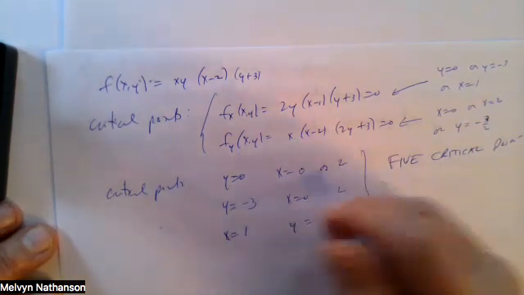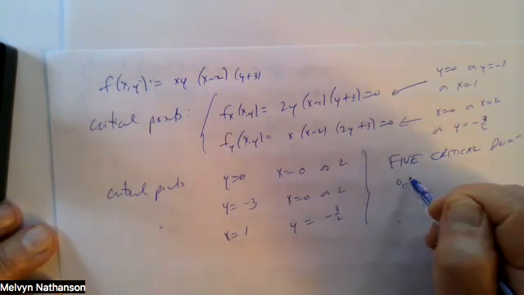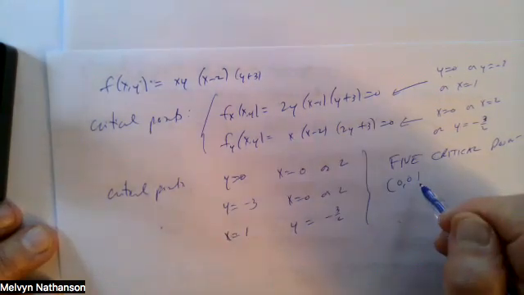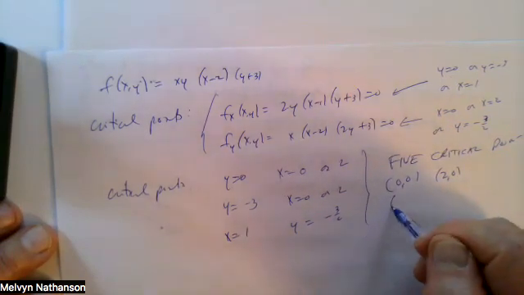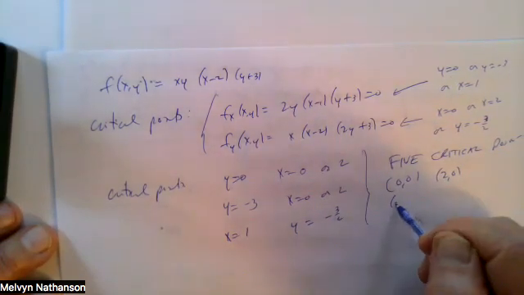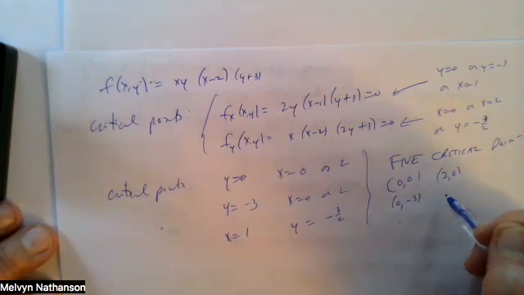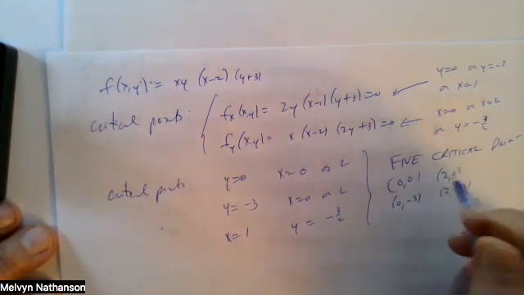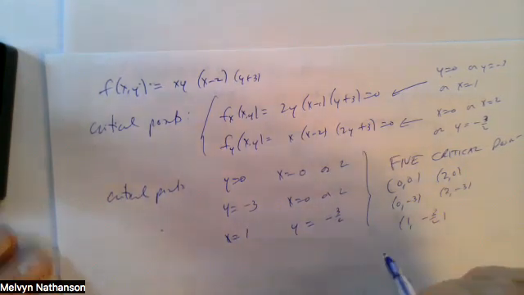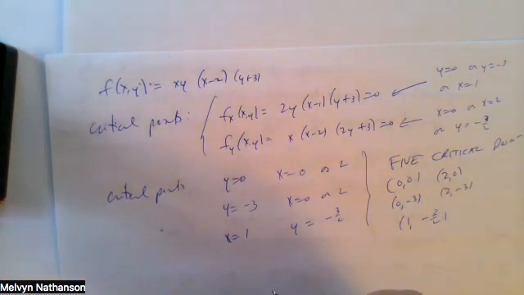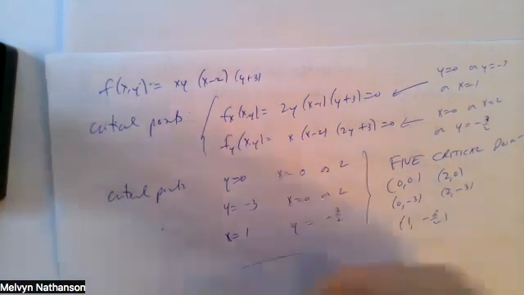Let's see, y equals 0, so you have (0, 0), (2, 0), (0, -3), (2, -3), and (1, -3/2). So those are the critical points of this function.